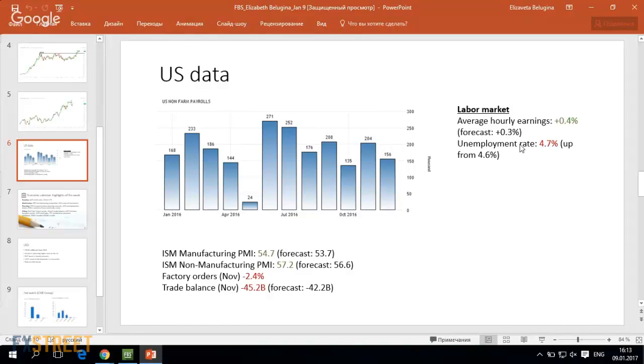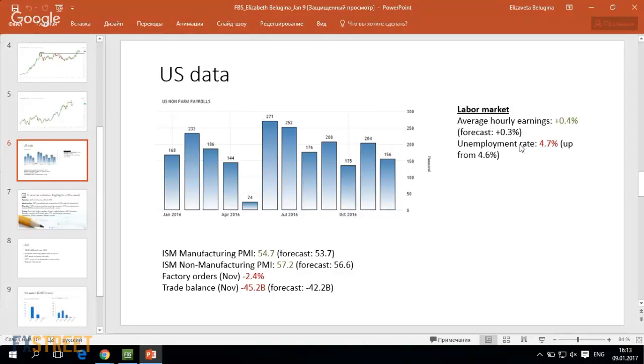I remind you that in December, the US Central Bank raised its benchmark rate. And this rate hike was the first one in 2016. And the Federal Reserve members expect that they will raise rates 3 times in the year of 2017.